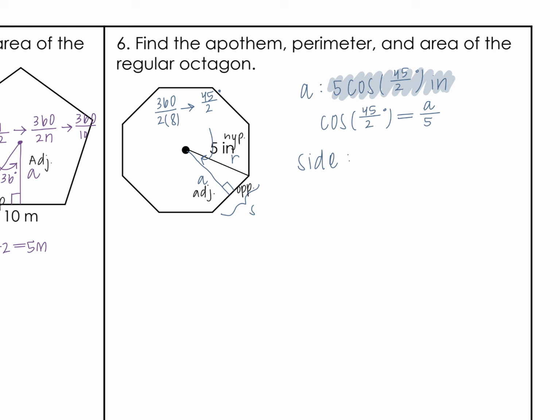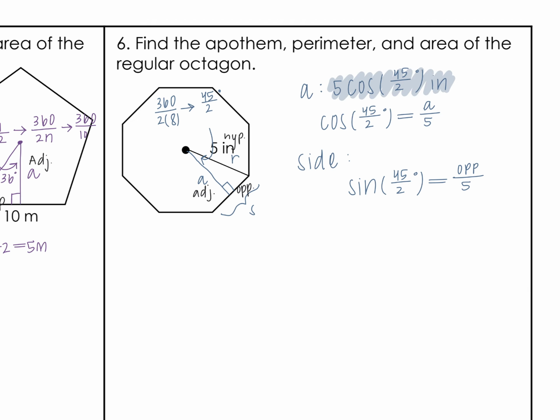I'm solving for opposite. I know my hypotenuse. Therefore, I'm going to be using sine of 45 over 2 degrees is equal to my opposite over my 5, my hypotenuse.